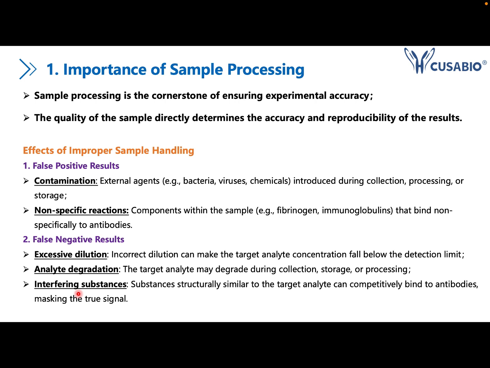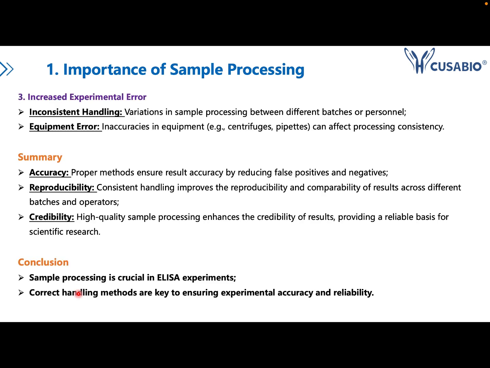For interfering substances, we care about substances that have a similar structure to the target analyte. These can competitively bind to the antibodies, masking the true signal and causing a false negative result.